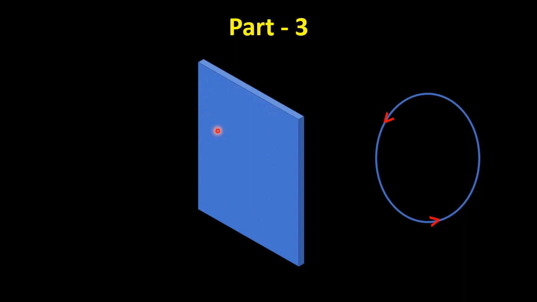Now let us discuss how the current will be induced and how the induced current will flow in the bulk conductive metal sheet. What will be the direction? The current which will be induced in the bulk conductive metal sheet, we call it eddy currents. And why do we call it eddy currents? So let us discuss in detail.